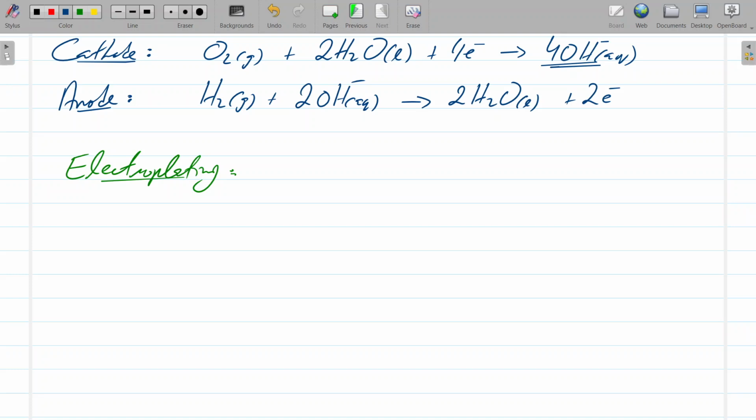So electroplating mostly happens with metal. You're coating one metal with another metal, although it's not limited to metals only.